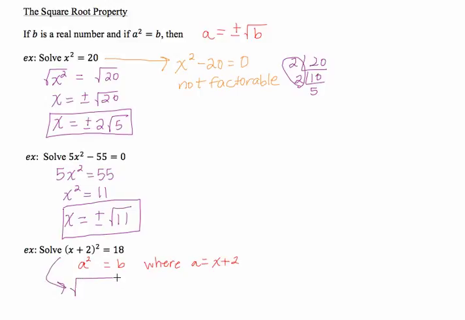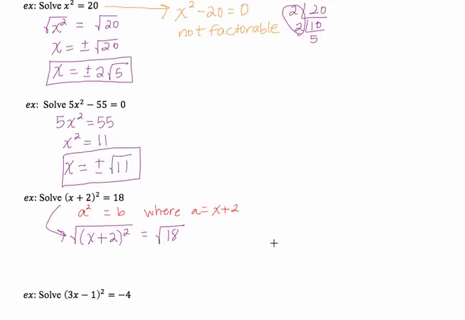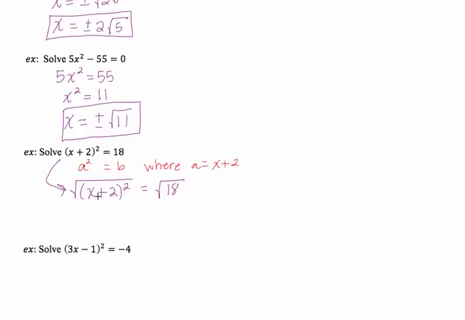So if I take the square root of x plus 2 all squared equals the square root of 18. Now you do have to remember we have a variable here being squared all underneath a radical, so we automatically have to put a plus or minus on the other side. And then from here we want to solve for x, so all we need to do is subtract 2 from both sides.